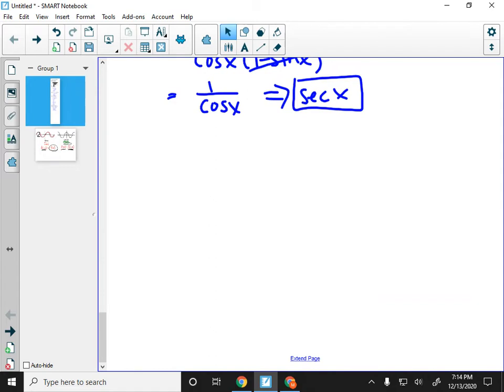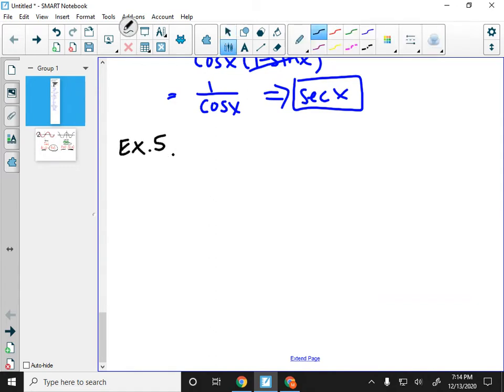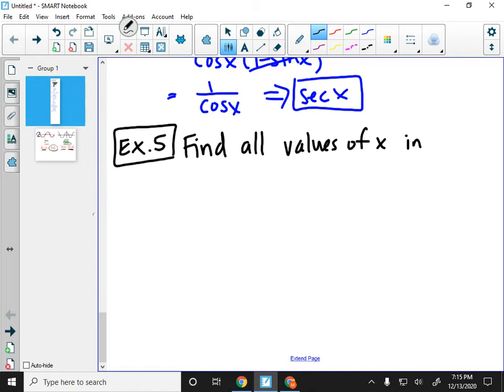Then there's one new concept that we're going to be doing starting today. We're going to start factoring with these trig ones. Example 5 and example 6, I've got 2 examples left. I apologize for the long notes today, but we're going to find all values of x in the interval from 0 to 2 pi.